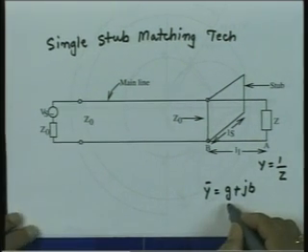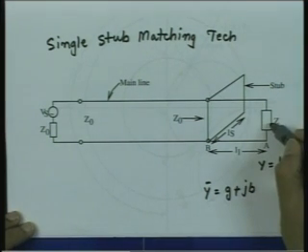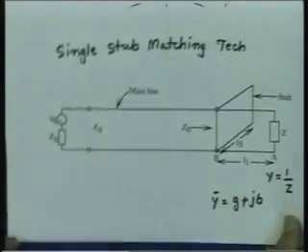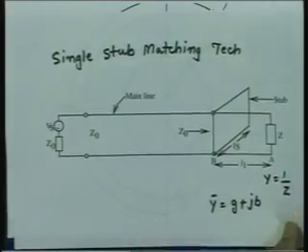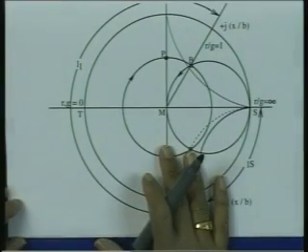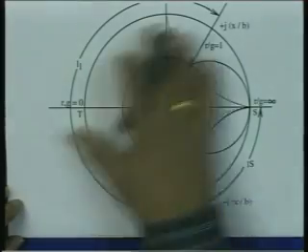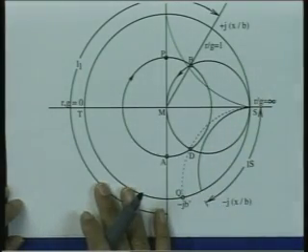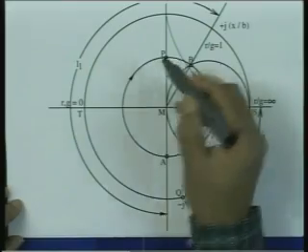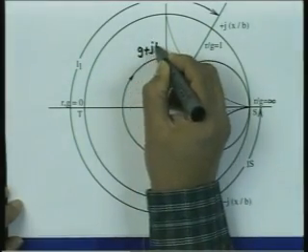So, G is the normalized conductance, B is the normalized susceptance for this impedance which is to be matched. Since I am now doing the calculation for admittances, I am using the Smith chart as the admittance Smith chart. So, here the Smith chart is admittance. I mark this point G plus jB, which is the impedance to be matched. So, this point P is G plus jB.